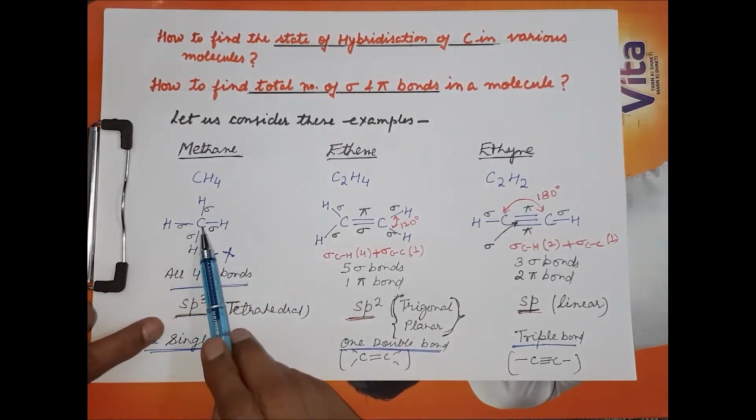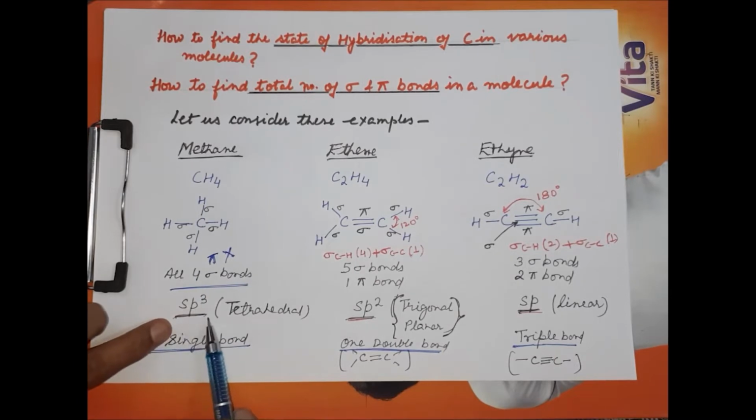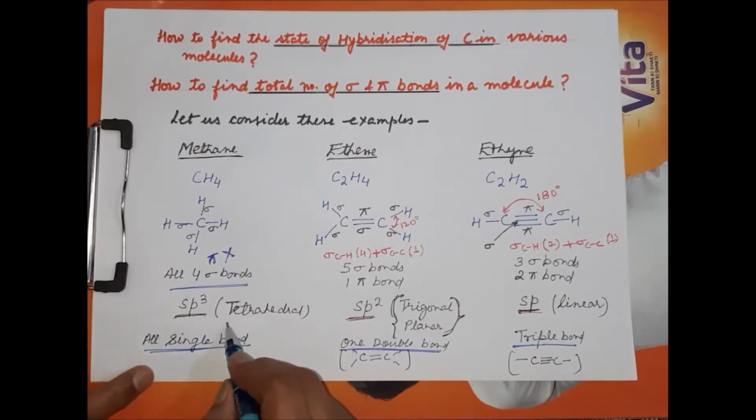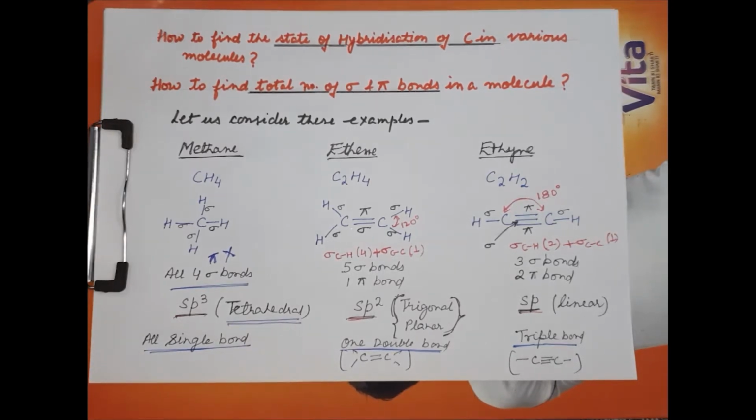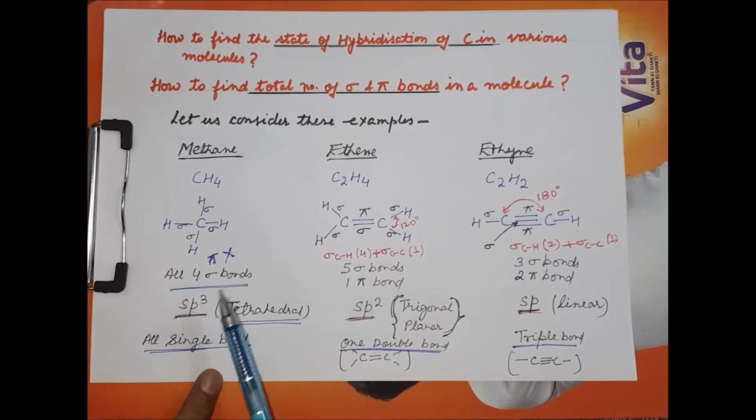And this carbon has sp3 hybridization. In molecules where carbon has only single bonds, the hybridization state of carbon is sp3, and the shape of the molecule will be tetrahedral. Okay, so once again I will repeat.